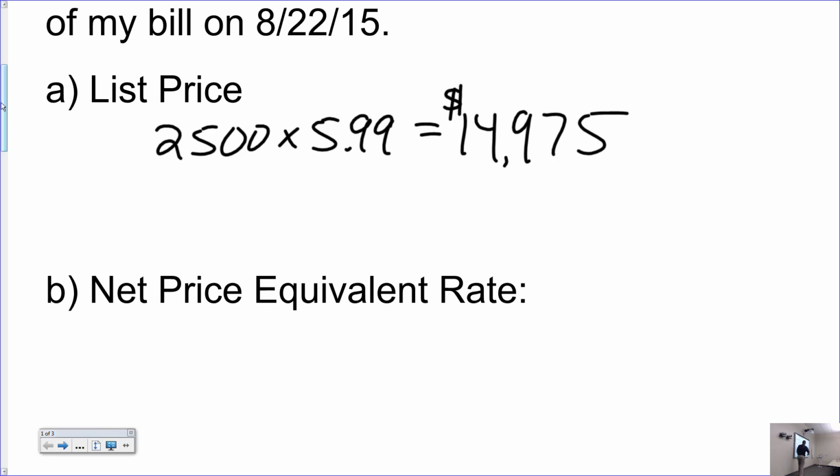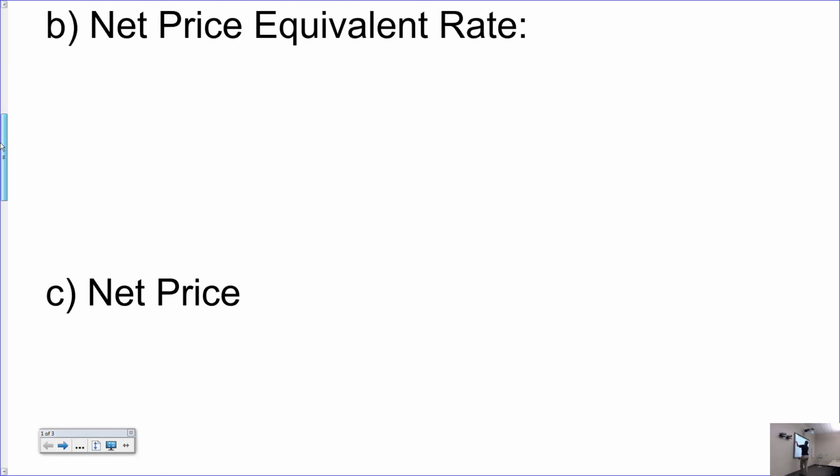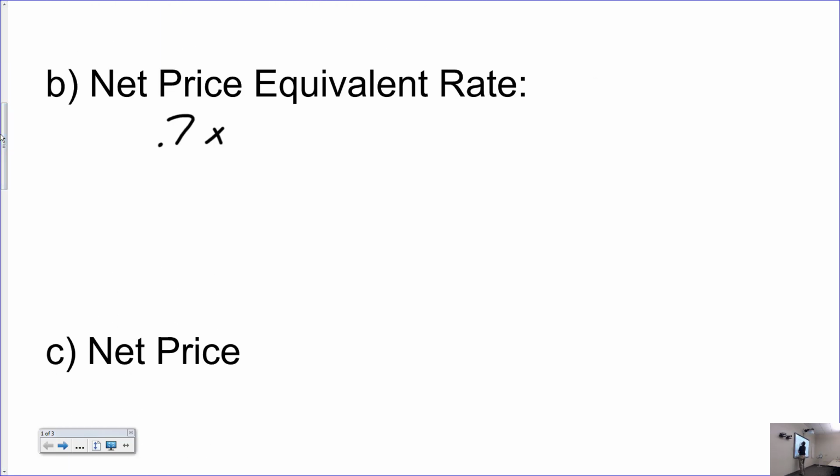All right. Now, net price equivalent rate. How do we get that? All right. So take the 0.7 times 0.88 times 0.94, the product of your complements, okay?